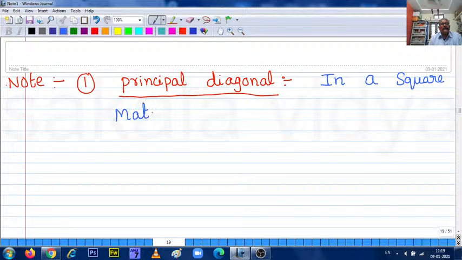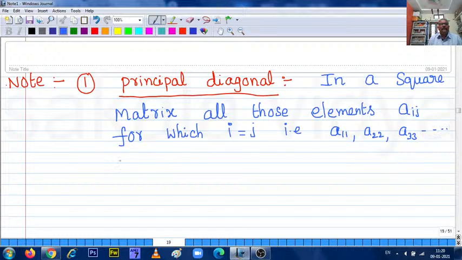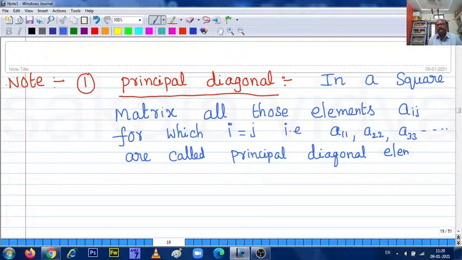In a square matrix, all those elements Aij for which i is equal to j, that is A11 first row first column, A22 second row second column, A33 and so on, are called principal diagonal elements of a square matrix.